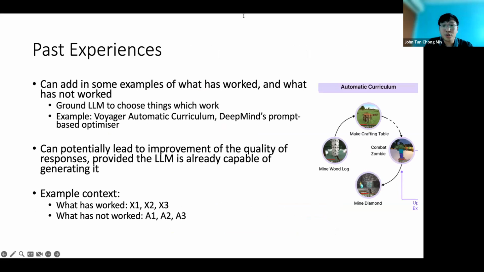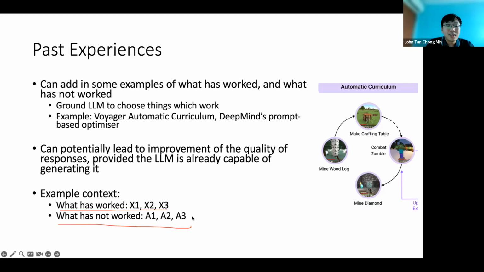All right, so another interesting thing about memory is that you can perhaps use it to improve your performance. And how is that possible? So one way is to just say what has worked and what has not worked for a particular environment. So you can say that making the crafting table has worked, making diamond pickaxe has not worked.